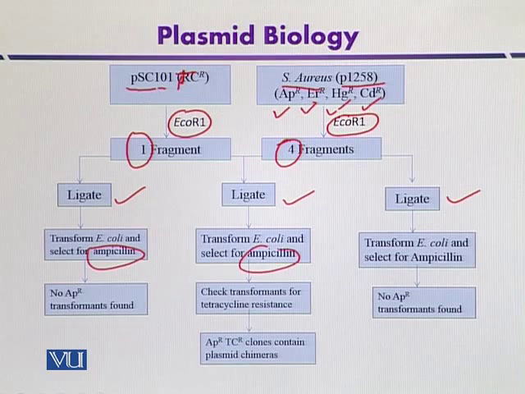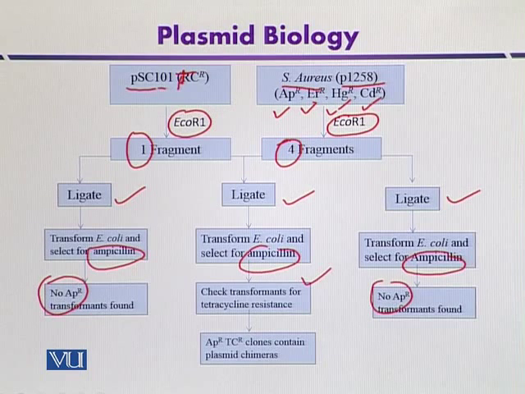In some cases, there will be no ampicillin resistance, and where ampicillin resistance is present, the transformants are further screened for tetracycline, so that genes from the Staphylococcus aureus plasmid, for example ampicillin resistance, can be combined with tetracycline resistance from pSC101. So this is one example of the cloning of genes from other plasmids into pSC101.